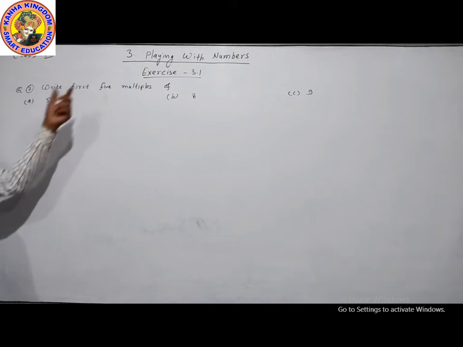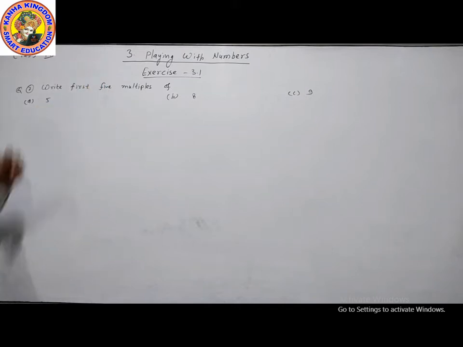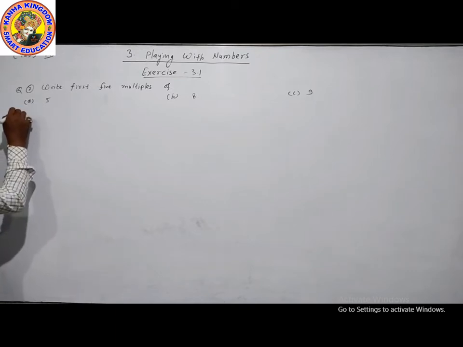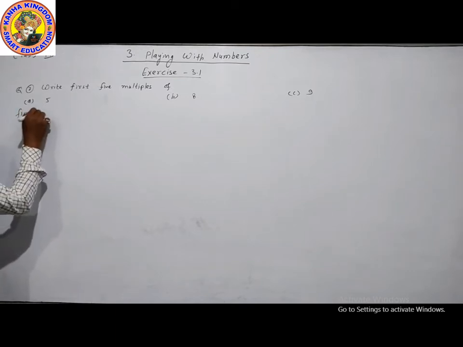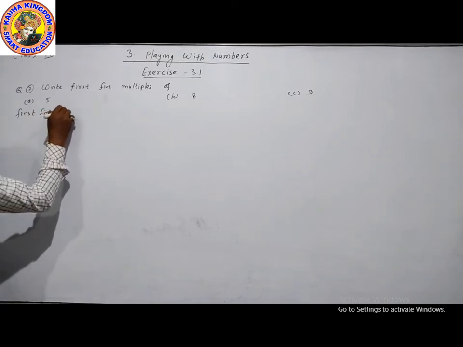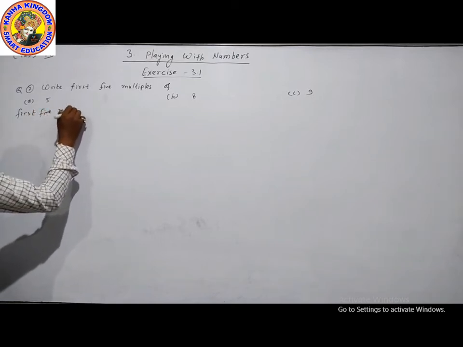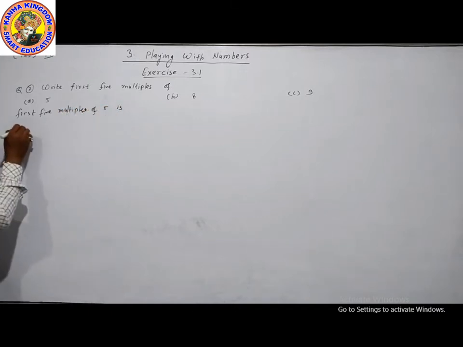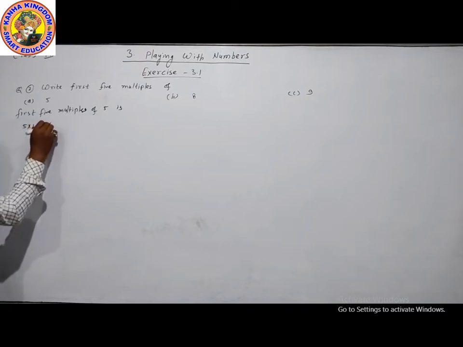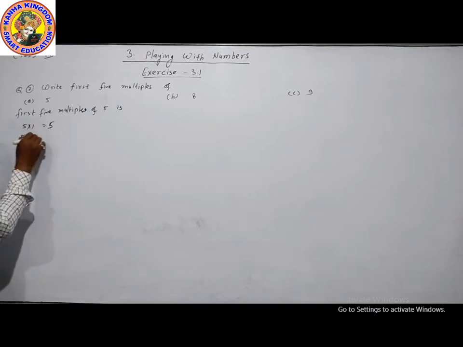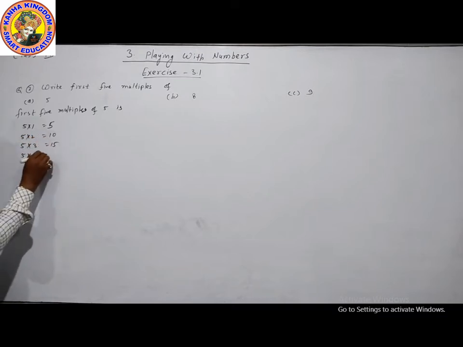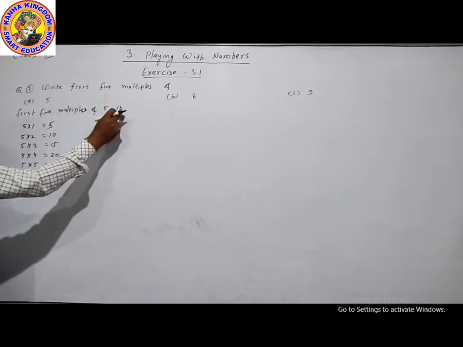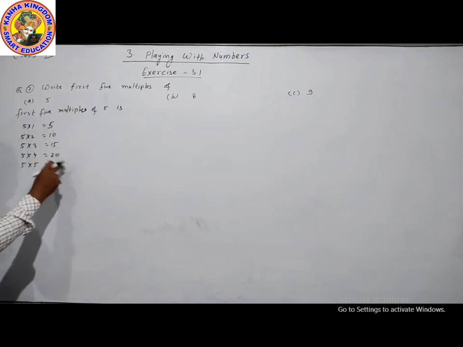So the first 5 multiples of 5: 5 into 1 is 5, 5 into 2 is 10, 5 into 3 is 15, 5 into 4 is 20, 5 into 5 is 25. So the first 5 multiples of 5 are 5, 10, 15, 20 and 25.